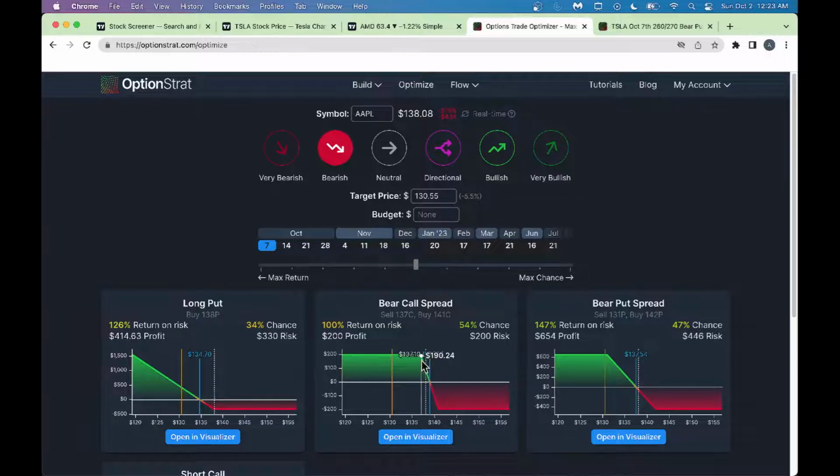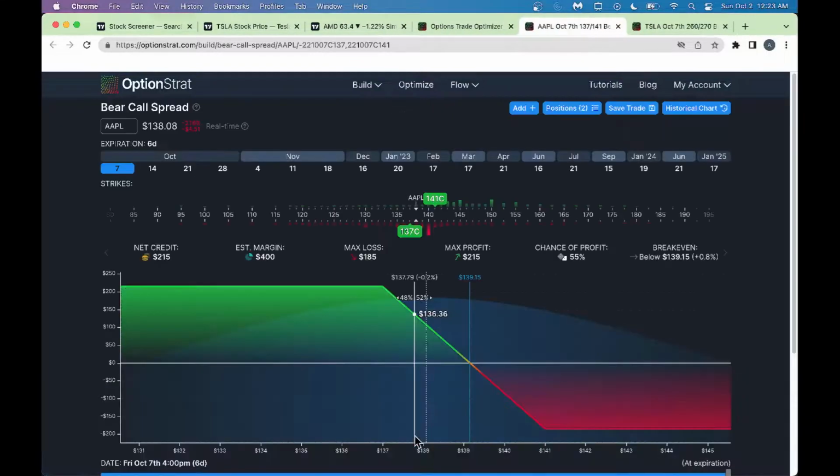And you could do the same thing here. You could go with the bear call spread, as you can see here. And look, it already suggested a nice trade here. It's telling you can buy 141 and you could sell 137.